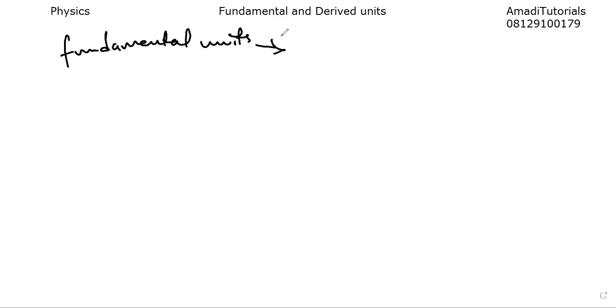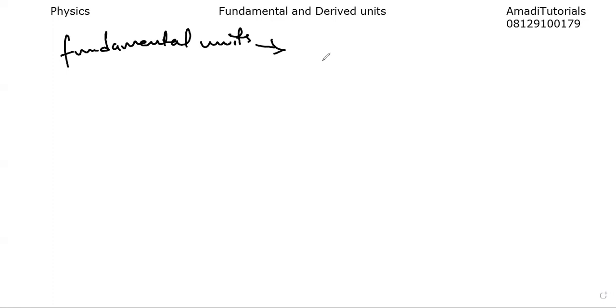In the course of doing these measurements, there are some physical quantities that you cannot just get by ordinary analysis or by combining things or theory. There are units that you have to do measurements to get their actual value. That's what we call fundamental units.